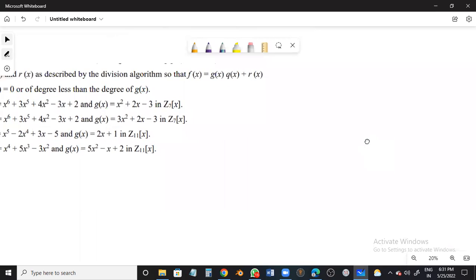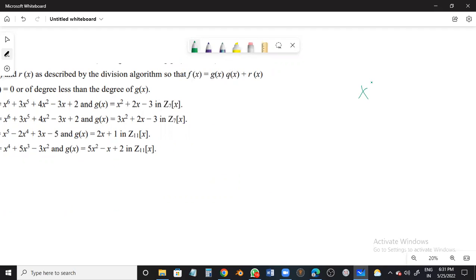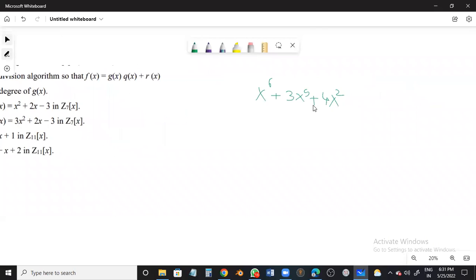So let us copy this question with us. This is x raised to 6 plus 3x raised to 5 plus 4x square minus 3x plus 2, minus 3x plus 2, and it is divided by x square plus 2x minus 3.